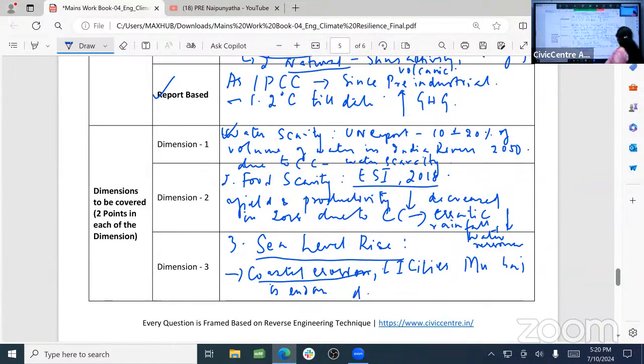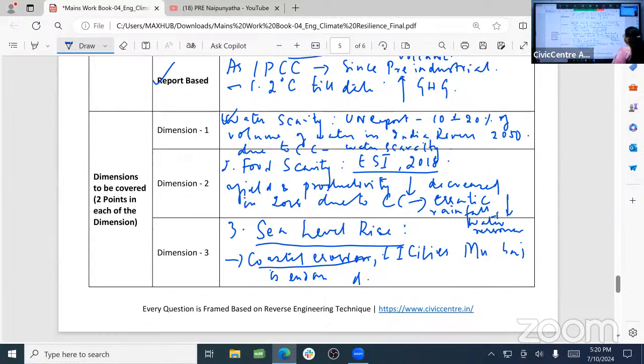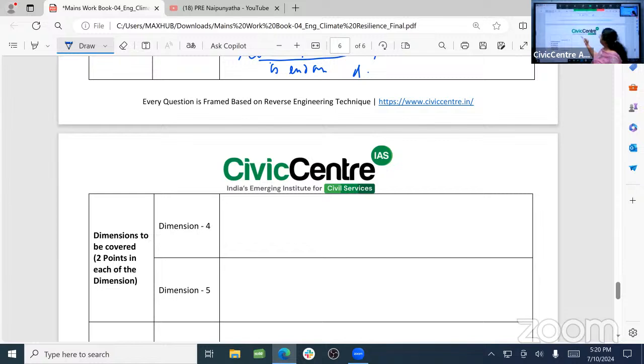Right? Now, we can also say that due to climate change, there is an increase in climatic disasters. Now, what is the report that says that the climatic disasters are on the rise? That is the UN Office for Disaster Risk Reduction, UNDRR. This report says that due to climate change, the frequency and intensity of climatic disasters like tropical cyclones have increased.